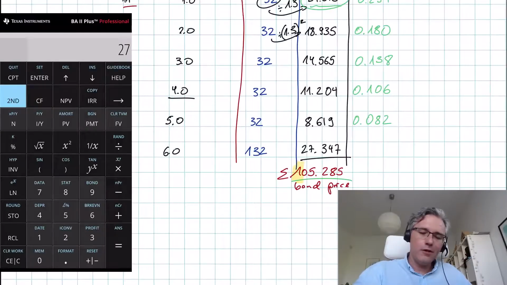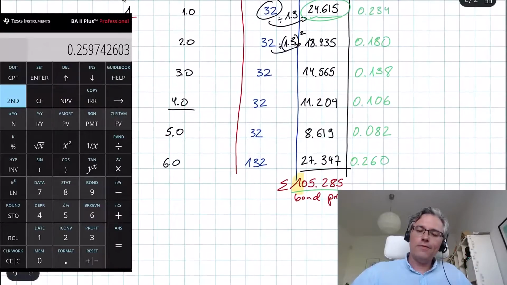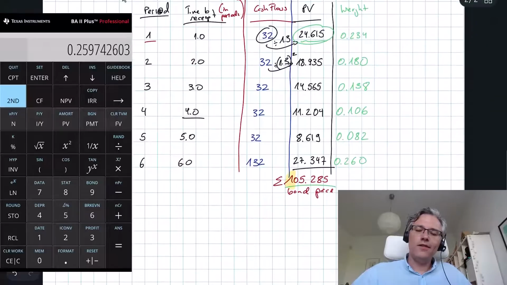One to go, the big one, 27.347 divided by 105.285, okay, 0.260. Right, these are the weights.